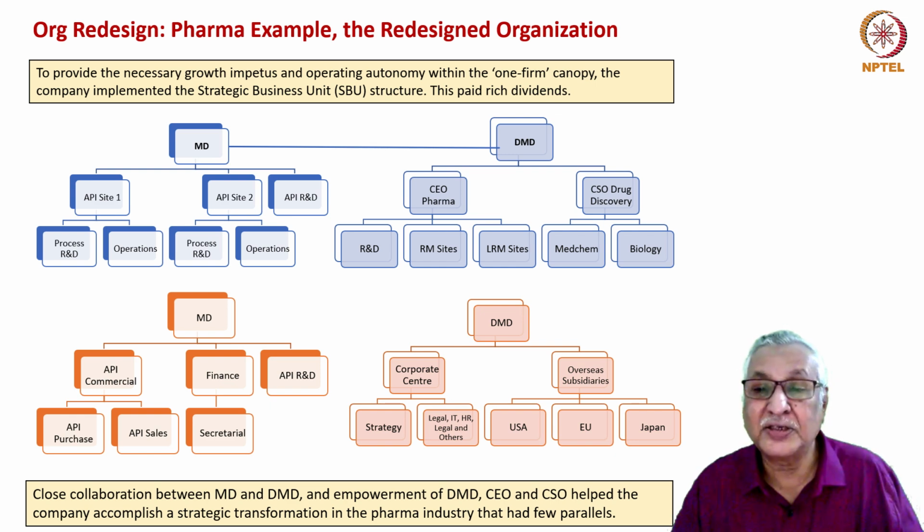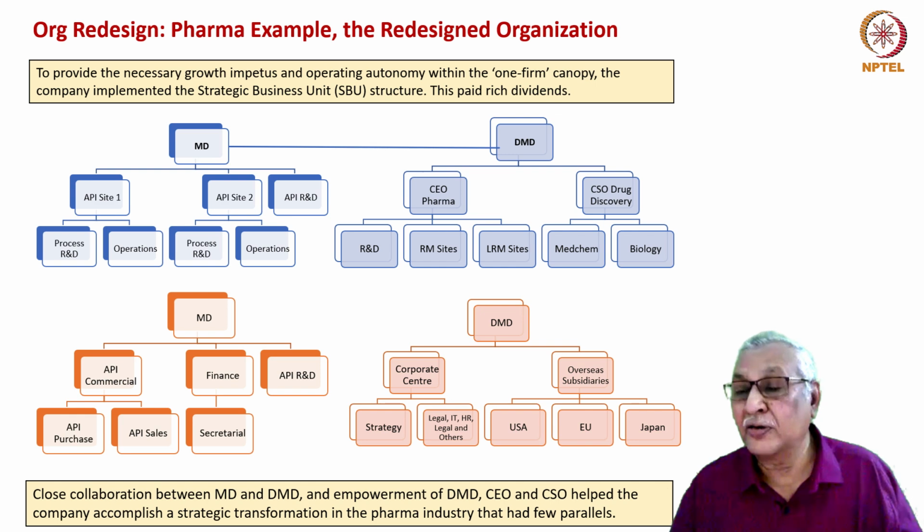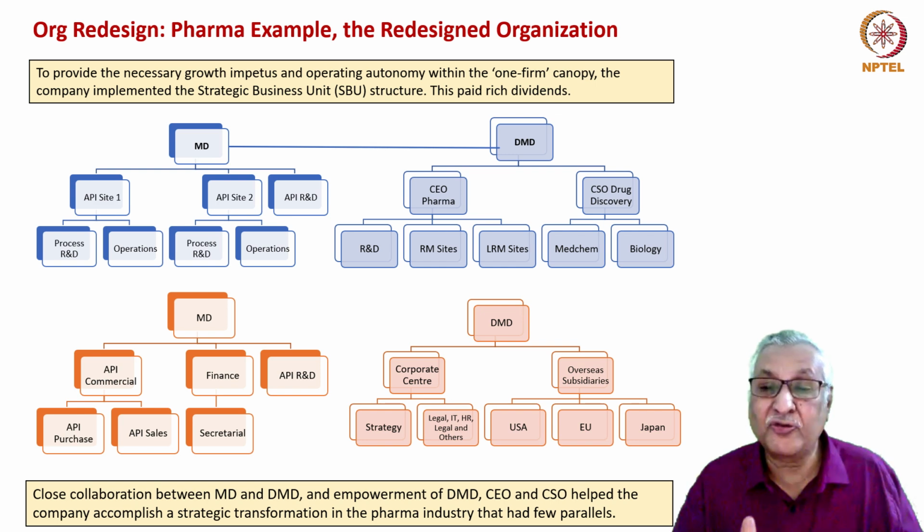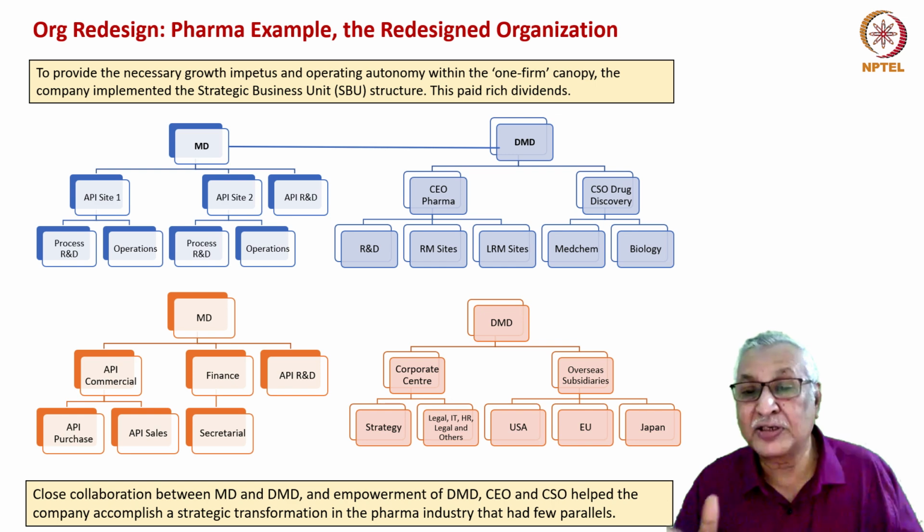The new deputy managing director began looking after the pharmaceutical operations with a CEO to support, and looking after the drug discovery operations with a chief scientific officer to support. The CEO for pharmaceuticals had R&D, regulated market sites as well as less regulated market sites. The CSO for drug discovery had medchem and biology.